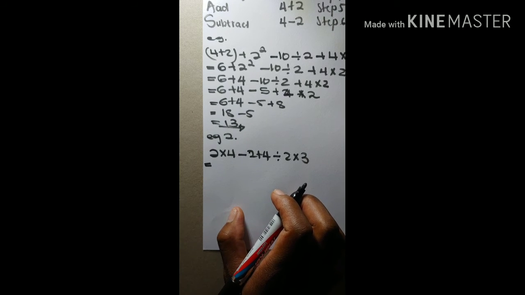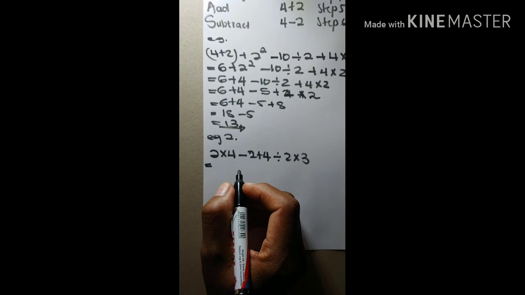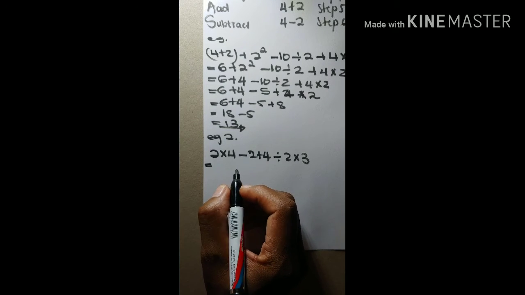So we do not address step 1. Step 2 requires us to resolve what is raised to a power. We also do not have that. So number 3 requires us to divide. So it means we are only going to be starting with our application of the BODMAS rule on step 3.